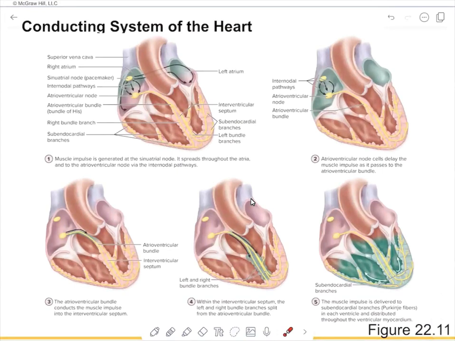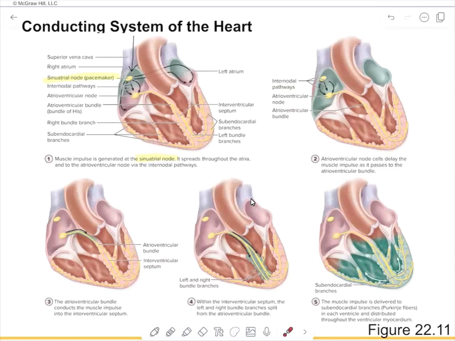This slide is showing the conducting system of the heart. So the muscle impulse is going to be generated at the sinoatrial node, and that begins sort of on the posterior superior surface of the right atrium. And it's actually very close to where the deoxygenated blood would enter the right atrium from the superior vena cava.